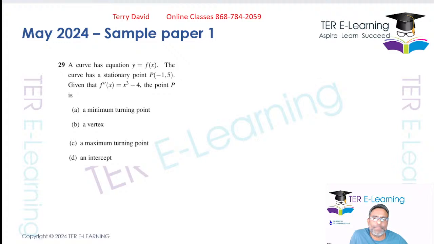Question 29. A curve has equation y is equal to f of x. The curve has a stationary point at minus 1, 5. Given that f double prime is x cubed minus 4, the point P is what?